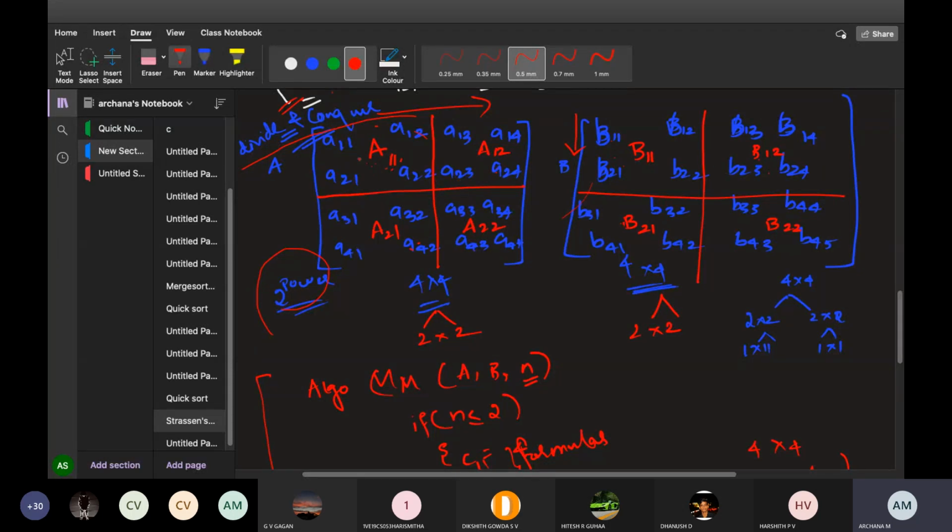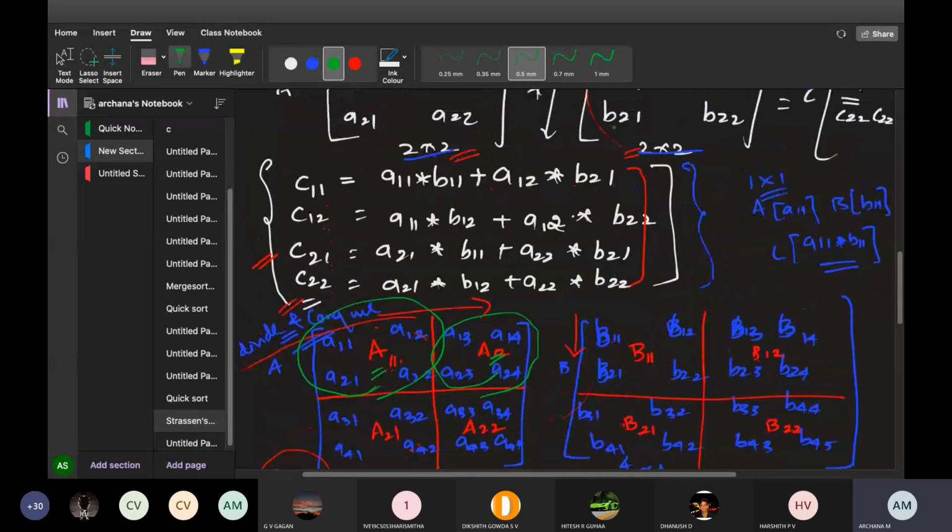Whenever you divide that into small matrices like this, this is one matrix, this is one matrix. Divide that into separate matrices, name them and multiply them. When you multiply them, you have to use these formulas and call them recursively.